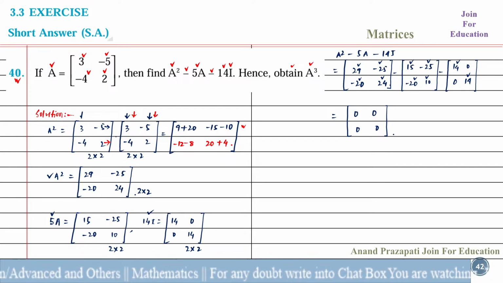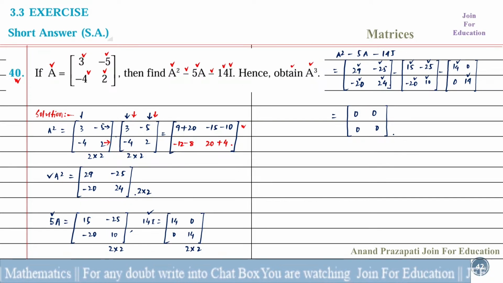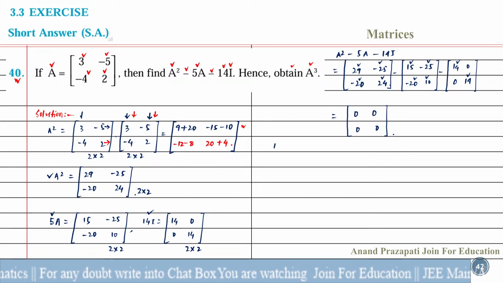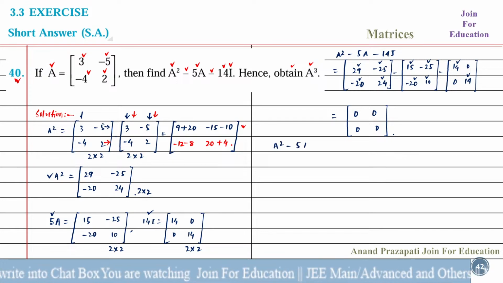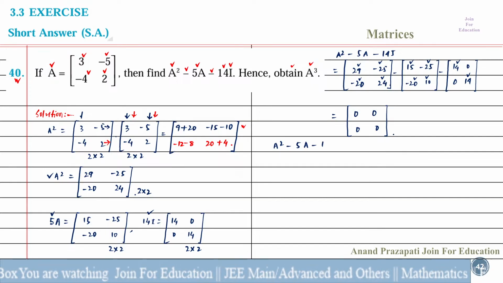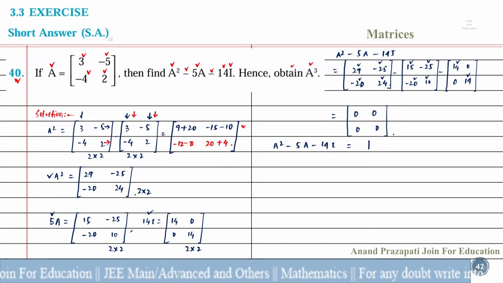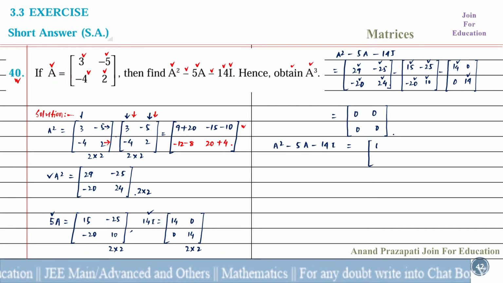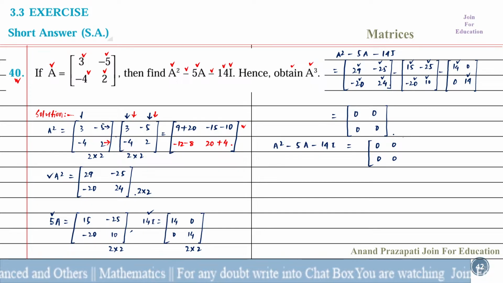Multiplying each term by A, let's see here: A square minus 5A minus 14I equal to what? This is the 0, 0, 0, 0.